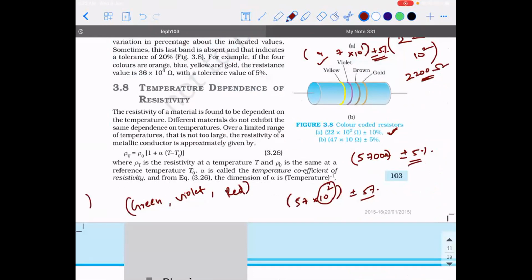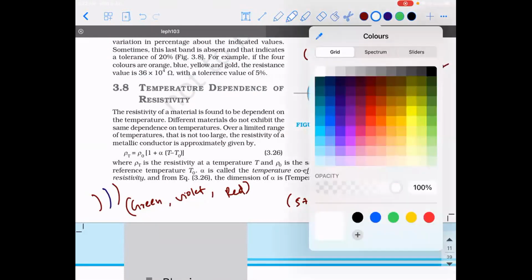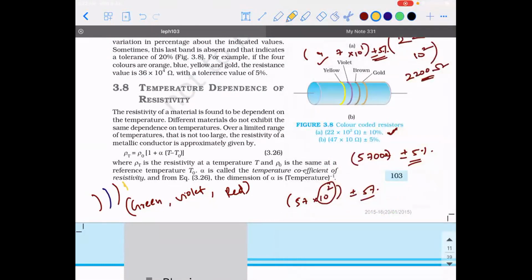So the first color should be green, the second color should be violet, and the third color should be red. And what should be the fourth color? It should be gold. Guys, am I clear? So this is what we call the color coding of resistor.